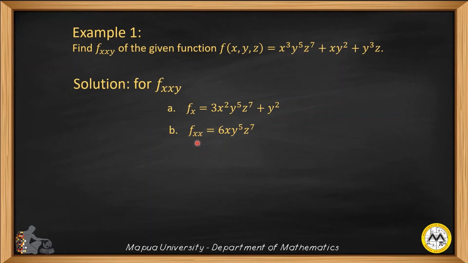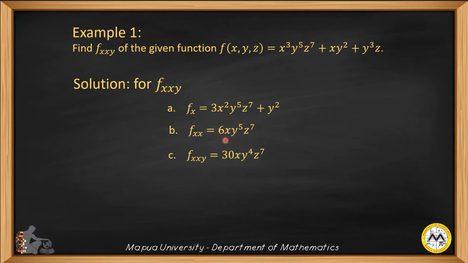Now if the third derivative is the one required, and it is the third derivative of f, differentiating f twice partially with respect to x and then followed by y, then this is obtained by differentiating the second partial derivative of f twice with respect to x with respect to the variable y. So in here, x and z are considered constants.